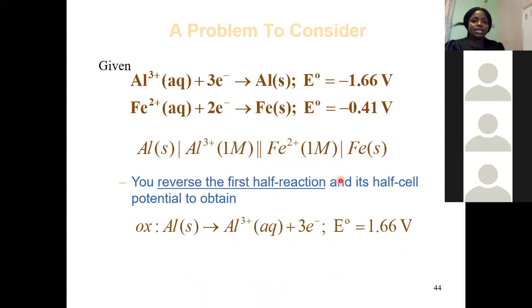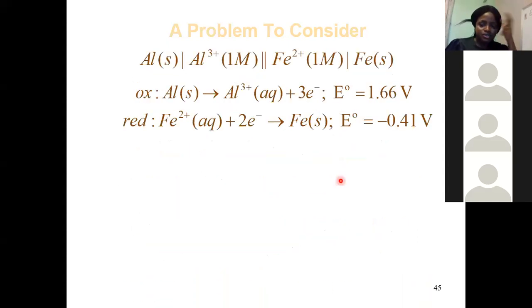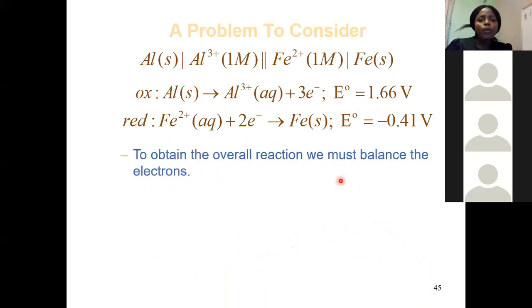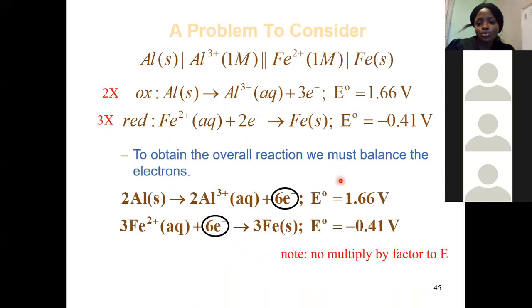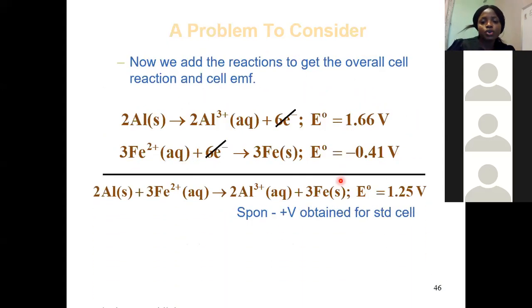As a matter of fact, let's finish this. When you do this, you can then add the two equations together. When you add these two equations, you also add the E naught value. So what you have from here is equation 1 plus equation 2. You have 2 aluminum plus 3 Fe2+.